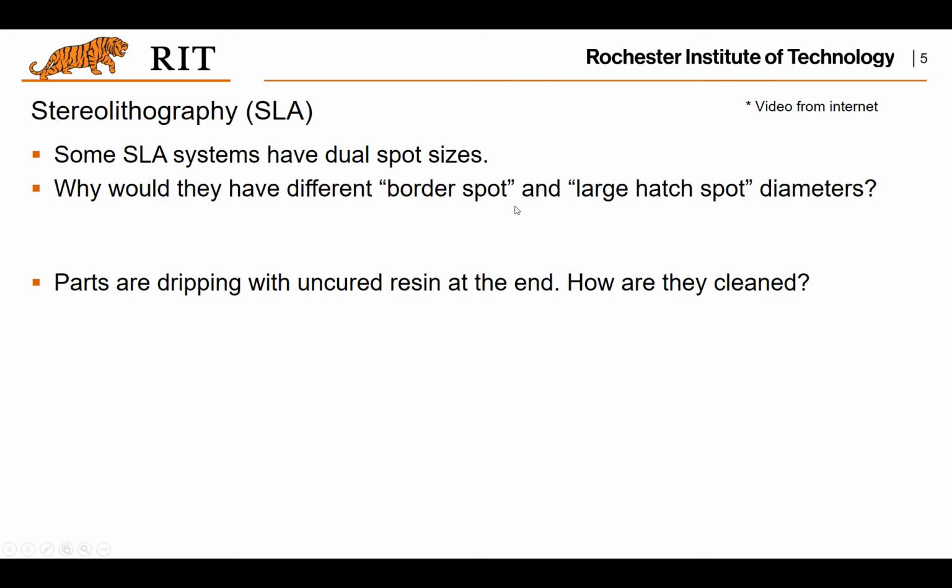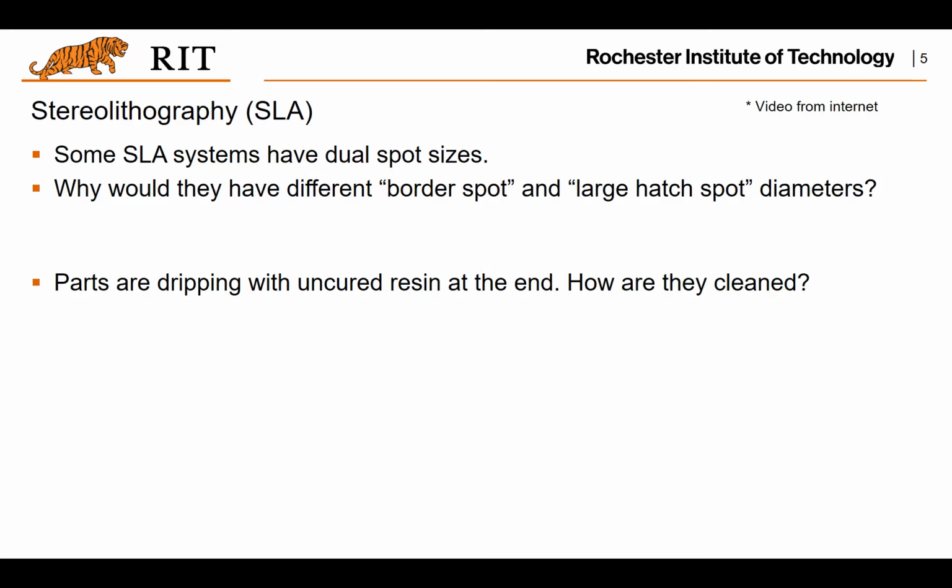That is because for one layer, we actually don't care about the accuracy of the interior regions. We just want the interior region to be scanned such that the material will be solidified. The only thing we care about accuracy is near the boundary, near the contour. So that's why we have two different lasers with different spot sizes.